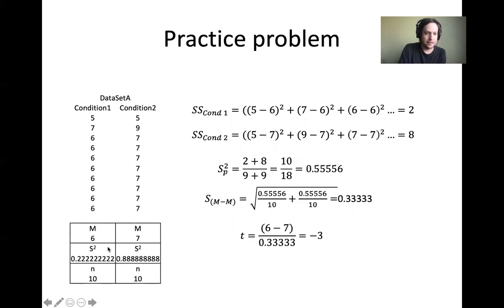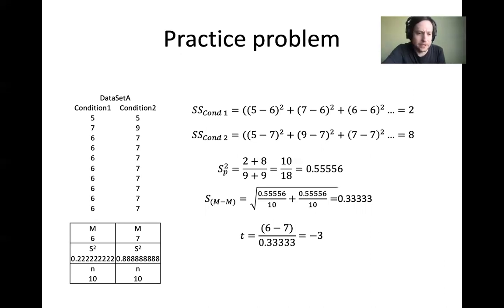The variance of condition 1 is 0.2 repeating. The variance of condition 2 is 0.8 repeating. The sample size of condition 1 is 10, and of condition 2 is 10. The overall sample size is 20. So the degrees of freedom for this one is going to be 18: the total sample size, 20, minus 2.